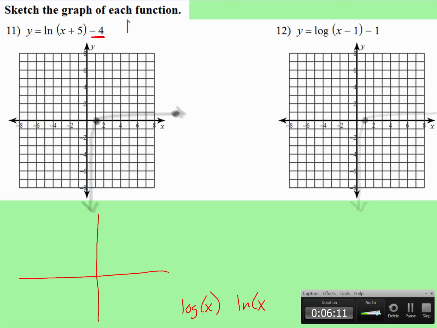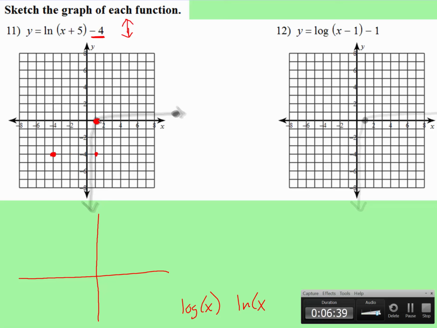This tells you how far to go up or down. So subtract 4: I always look at where it hits an integer point, and I'm going to go down 1, 2, 3, 4. And the opposite of positive 5 is negative 5, so I'm going to go 1, 2, 3, 4, 5.